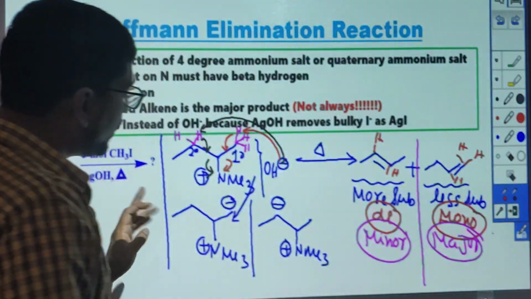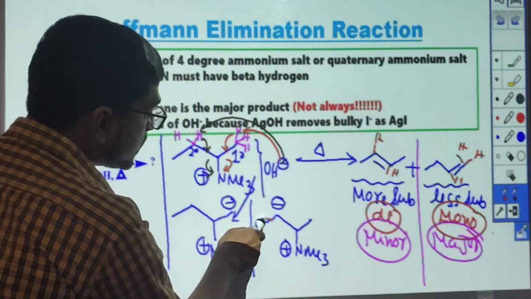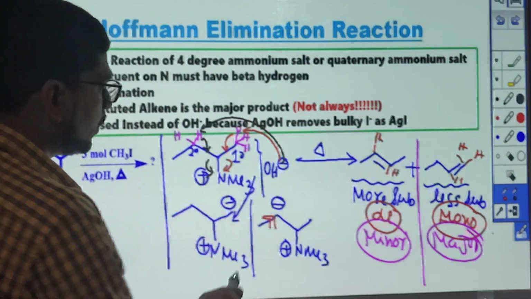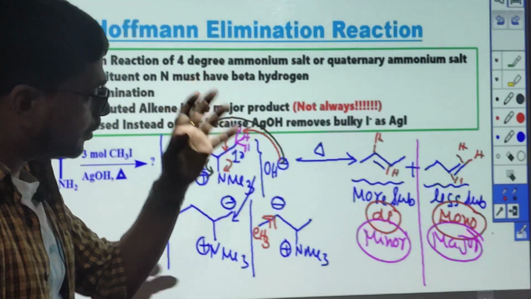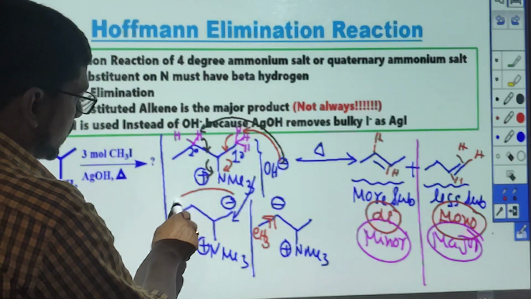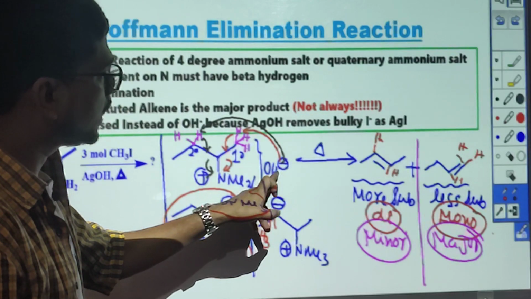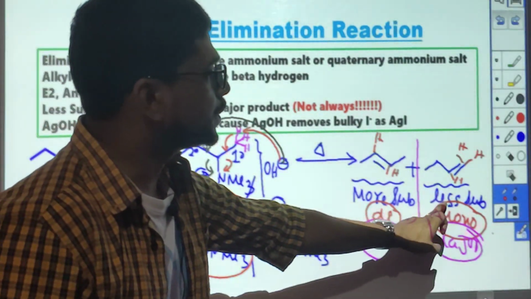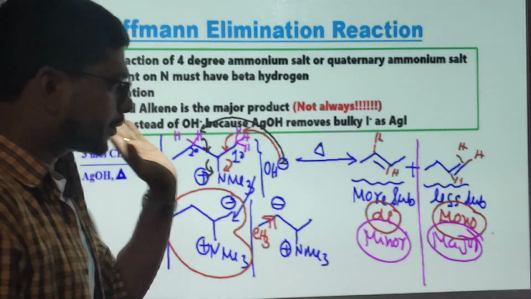Of course this one is more stable. Why? Because this conjugate base is very unstable due to the plus I effect of the CH3 alkyl group. So this carbanion will be the less stable and this is the more stable, and that's why OH minus preferentially grabs the proton from this side and the major product will be this one, that is the less substituted alkene. This is the reason behind it. Okay, please check it.